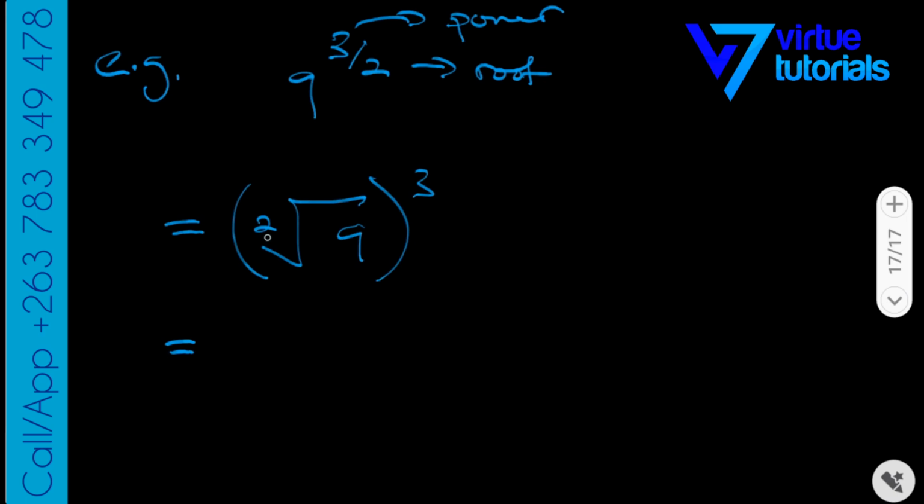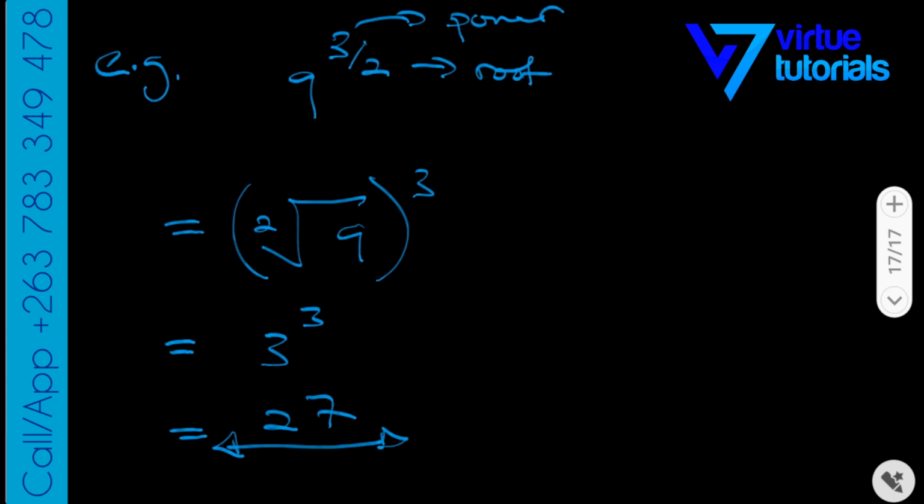This means what number multiplies itself 2 times to give you 9? It's 3. 3 to the power 3 is 27. Okay, so this is all you need to know in terms of the laws and the rules of indices.